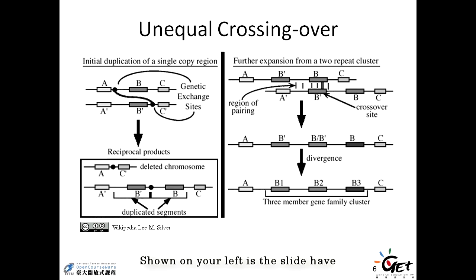Showing on your left is the slide we have A, B, C, three different genes. And the recombination usually occurs at a homologous region. So in our genetics book, we usually talk about crossing over or recombination occur, for example, at the A locus or between A and B, so we can calculate the recombination rate.